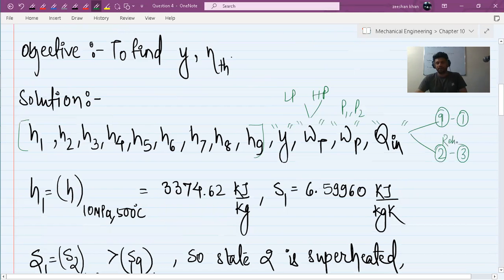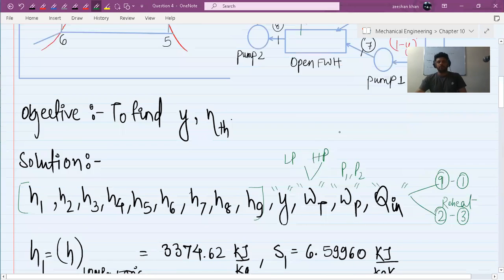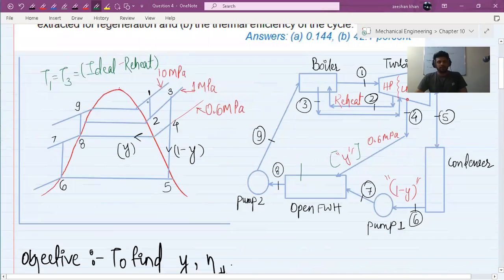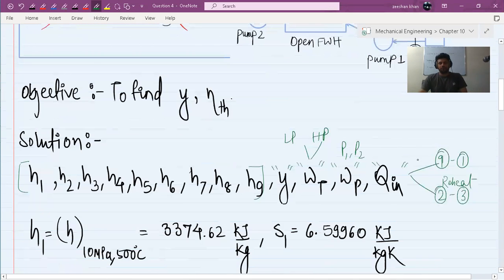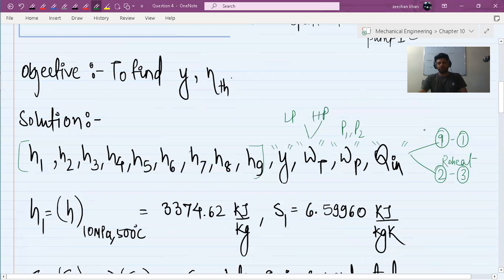This is during reheat. Our system, the steam is extracted at state 2 from the high pressure turbine and then taken to the boiler back again, where it is reheated to T3. So Qn will include these two: H1 minus H9, and H3 minus H2.